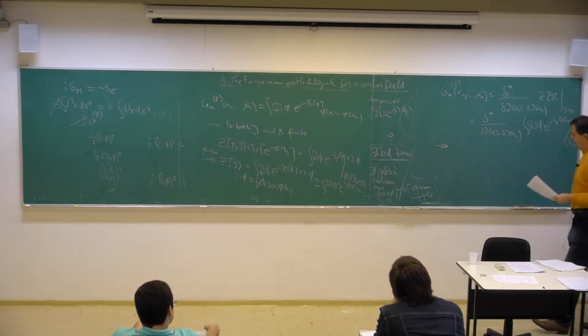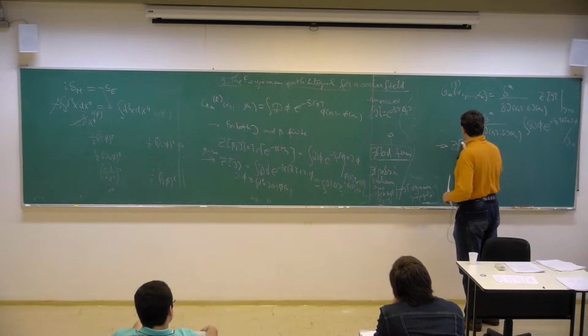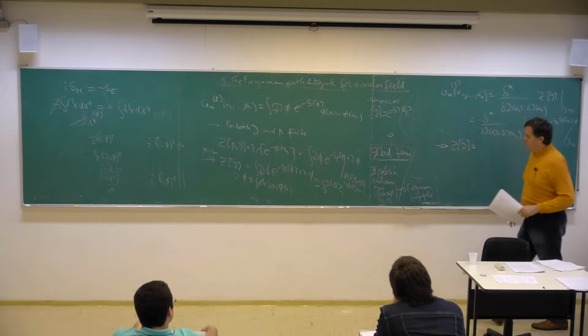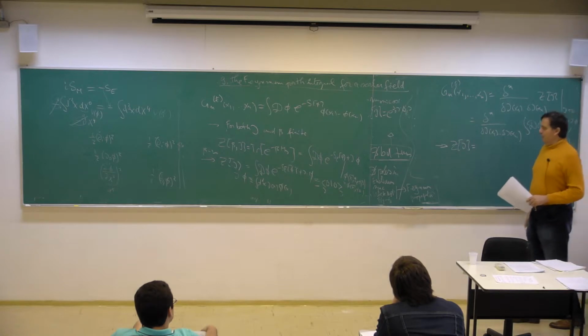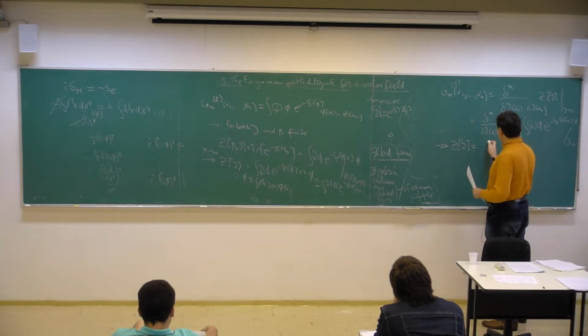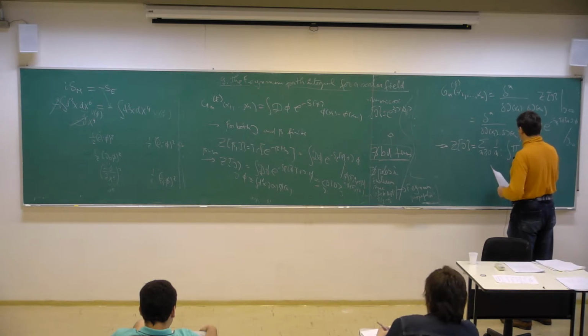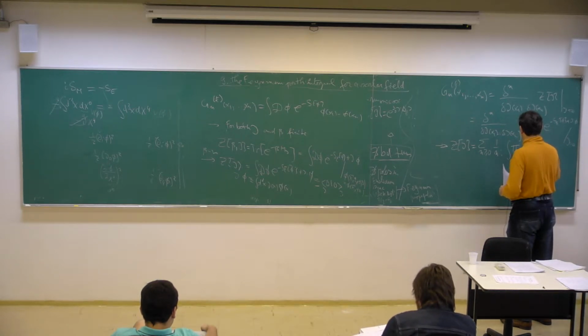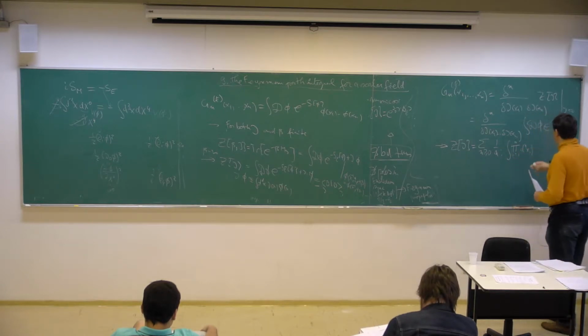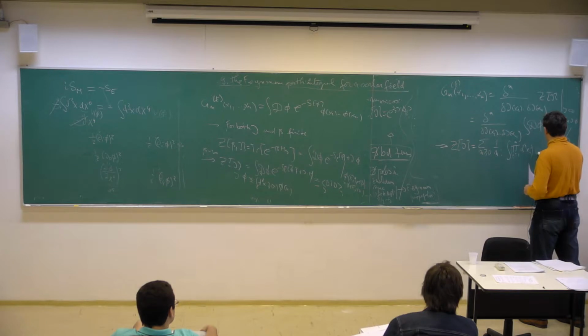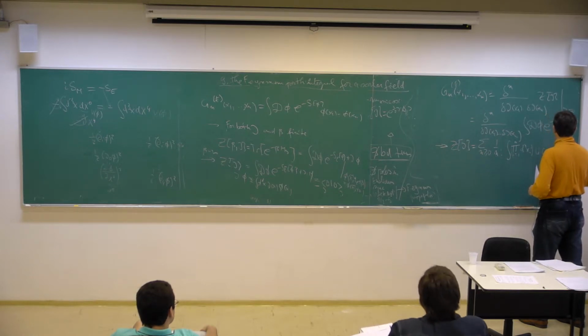And well, formally then we could also write, this is what we mean by Z of J being the generating functional of these n-point functions, that I could think of it as the sum over n, 1 over n factorial, times the integral of products of these dx_i's, and then G(x1...xn) J(x1)...J(xn).